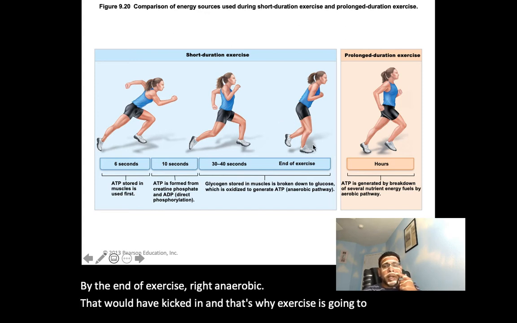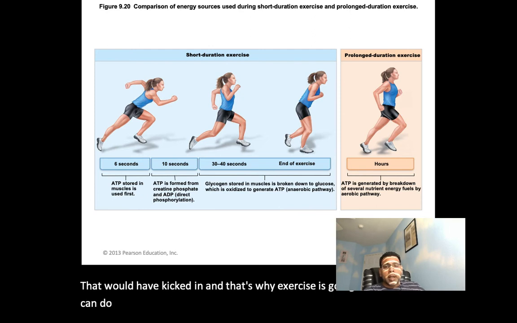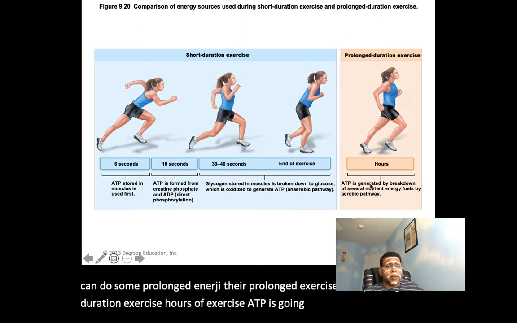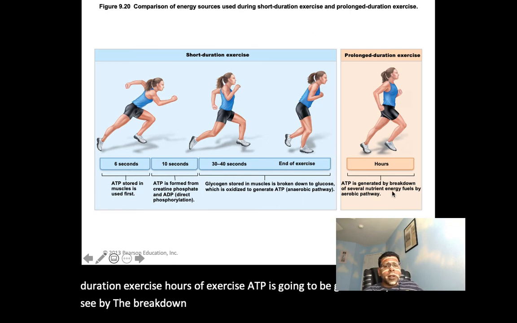But if we can do prolonged duration exercise, hours of exercise, ATP is going to be generated by the breakdown of several nutrient energy fuels by aerobic pathways. And so glucose and glycogen aren't going to be the only two.